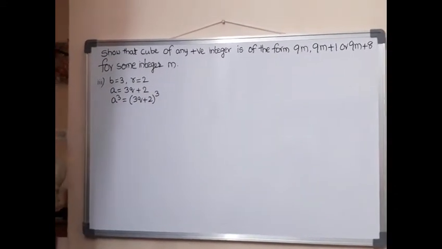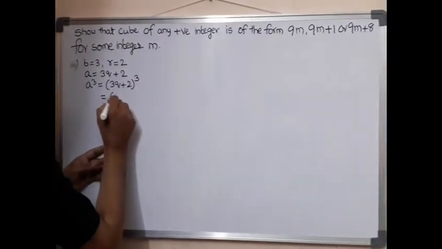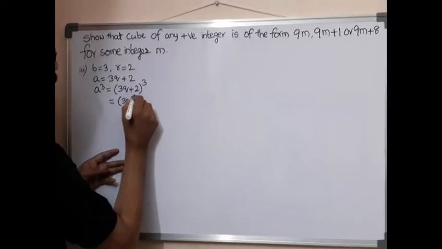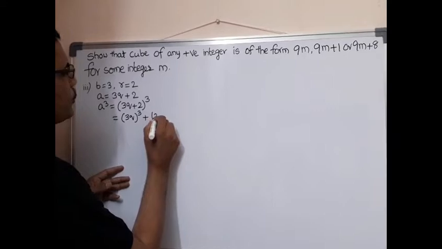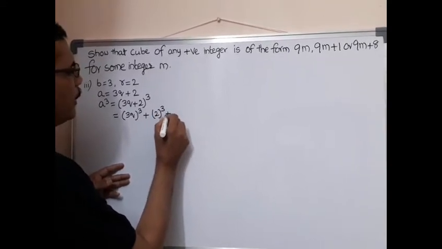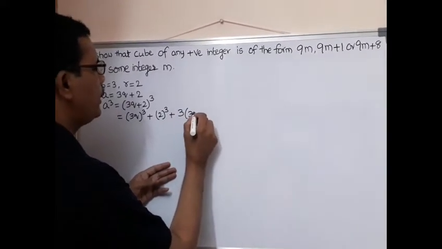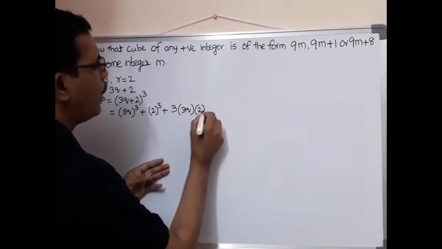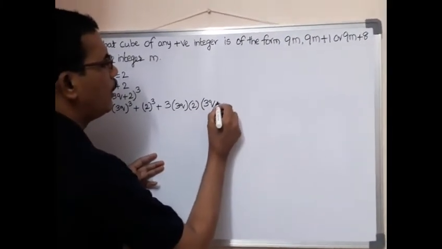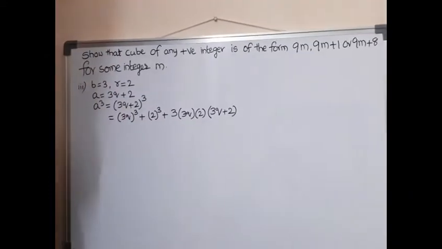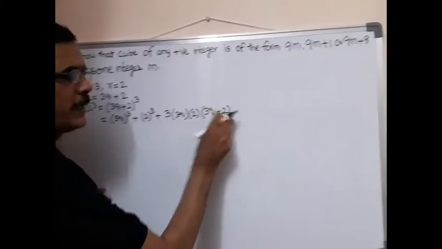Again this is in a plus b whole cube form. So expanding, a cube means 3q whole cube, b cube, here b value is 2, so 2 cube, 3ab, 3 into 3q into 2 of a plus b, 3q plus 2. That is a cube plus b cube plus 3ab of a plus b.